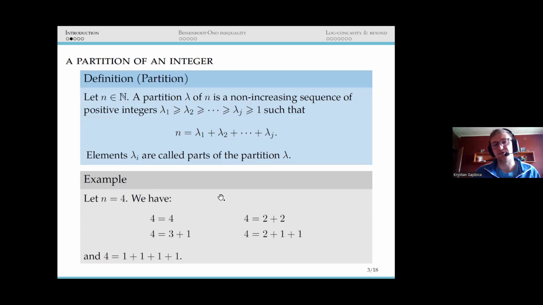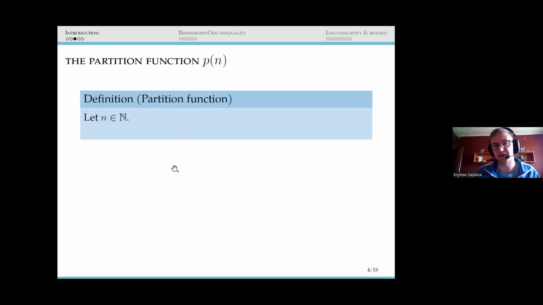Now one can ask, we have a partition, so how many partitions exist for a given parameter n? In other words, we may define the partition function, which counts all the partitions of n. This function is defined for all non-negative values of n, but we may extend the definition to all integers simply by assuming that p of n is 0 if n is negative.